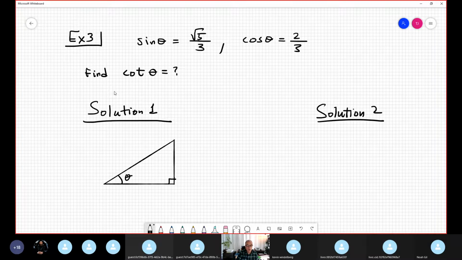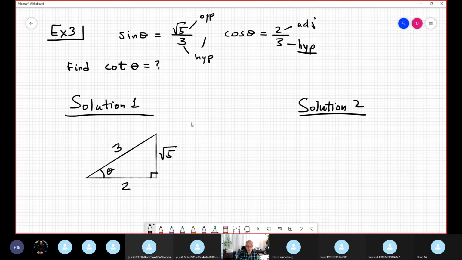According to the definition of sine, this side is the opposite and this is the hypotenuse. The 3 is the hypotenuse and the square root of 5 is the opposite. And this is the adjacent. They are a perfect coincidence, look, the same hypotenuse, 3 and 3. This is 2. This is my triangle. And when you have a triangle, the rest is a piece of cake.